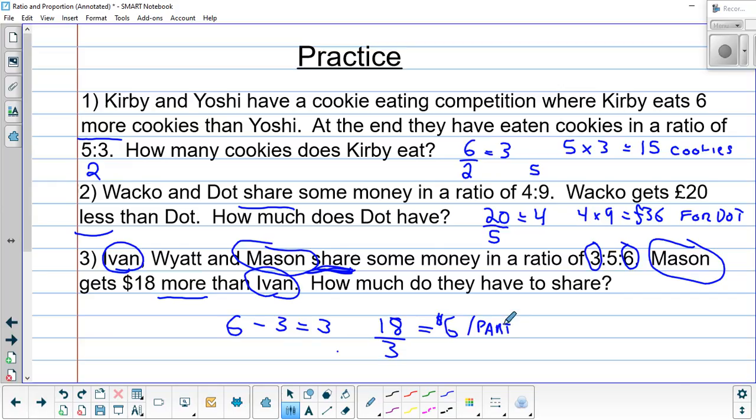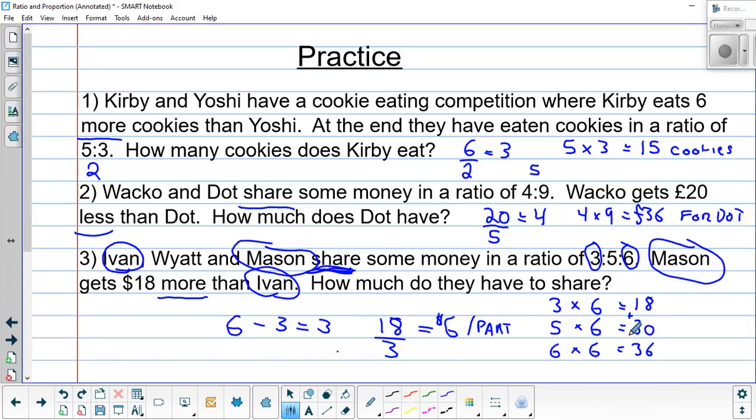And then we want to know how much do they have to share. So, that's a different kind of question though. Well, if we want to know how much they have to share, we have to know how much each of them have. So let's just work with that right now. So we're going to do 3 times by 6. That's 18. Then we're going to do 5 times by 6, which is 30. And then we're going to do 6 times by 6, which is 36.